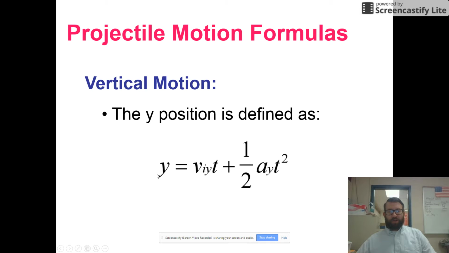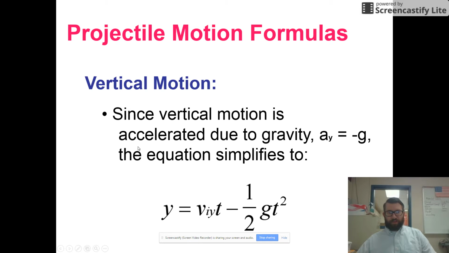Y position, y equals initial velocity of y times time plus 1/2 acceleration of y times time squared. Since vertical motion is accelerated due to gravity, ay is a negative g. So the equation simplifies to y equals initial y velocity times time minus 1/2 times g, which is gravity, times time squared.